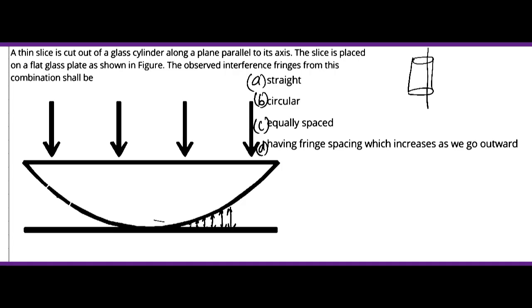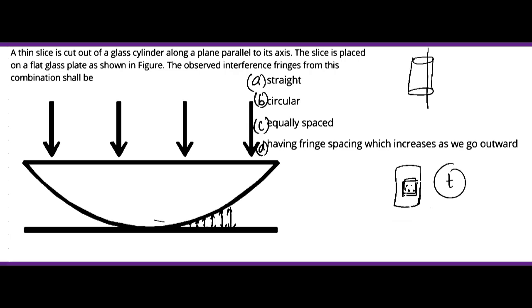So what happens is, if we see from the upper portion, it looks like this, and downward it is curved like this. The portion touching the glass plate, the locus of all the points, will have the same thickness T, right?